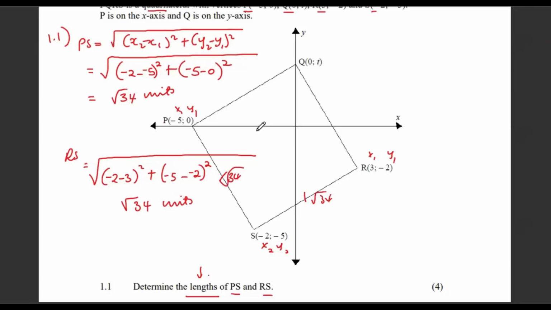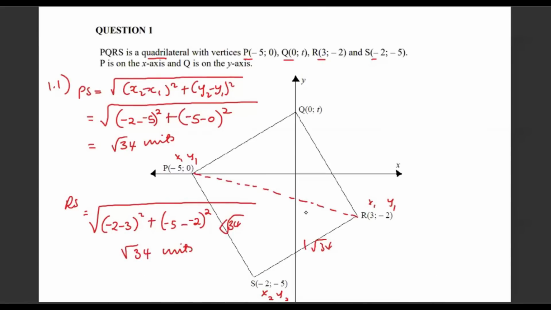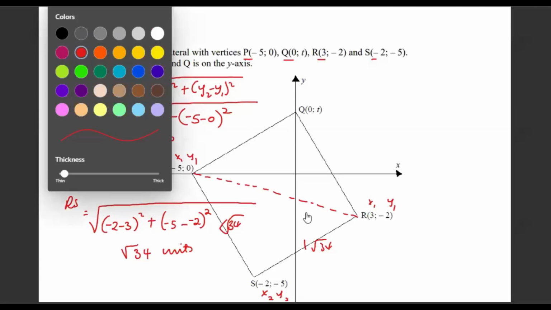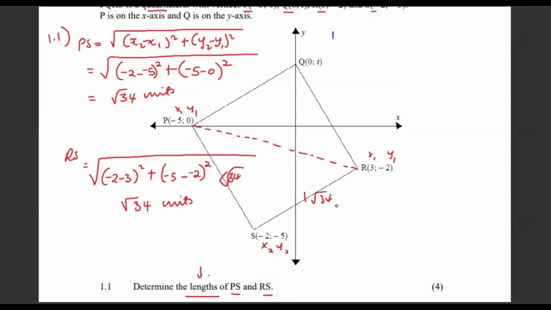Then they want us to get the coordinates of the midpoint of PR. If we have this as our PR, we must get the midpoint. The midpoint is basically the point that is in the middle, the halfway of the line segment. So the formula of the midpoint is (x1 plus x2) divided by 2, (y1 plus y2) divided by 2.